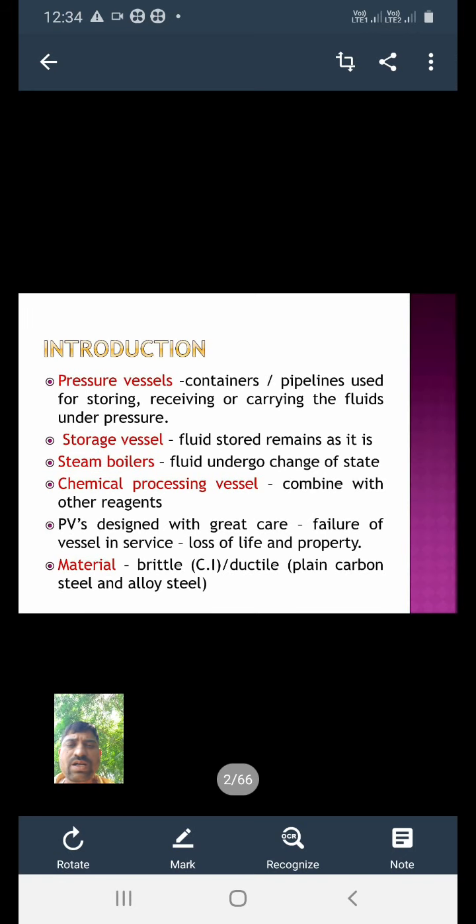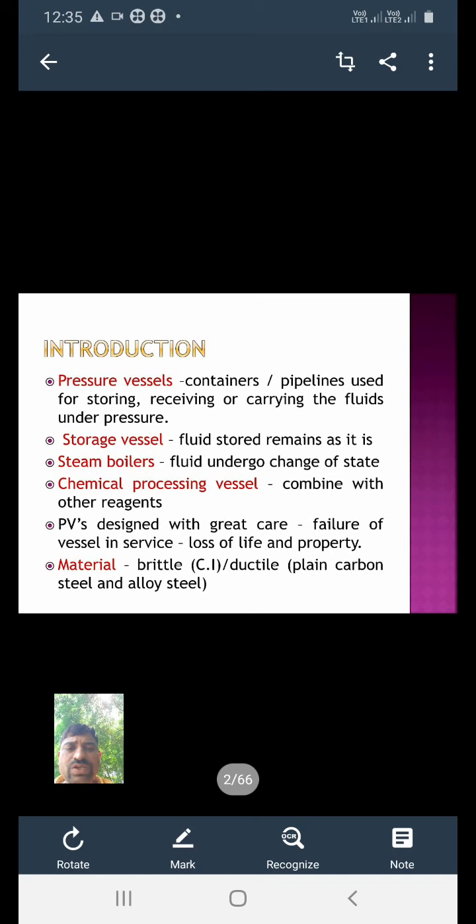The fluid being stored may remain as it is, as in the case of a storage vessel, or may undergo a change of state while inside the pressure vessel, as in the case of a steam boiler. In a storage vessel the fluid remains as it is; in a steam boiler the fluid undergoes change of state.